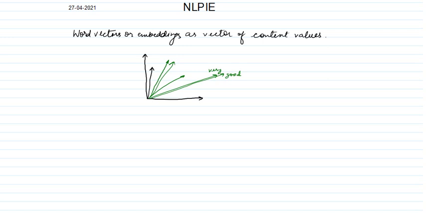So a word is defined by its surrounding words.